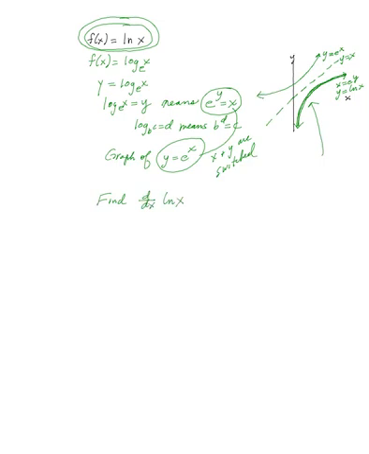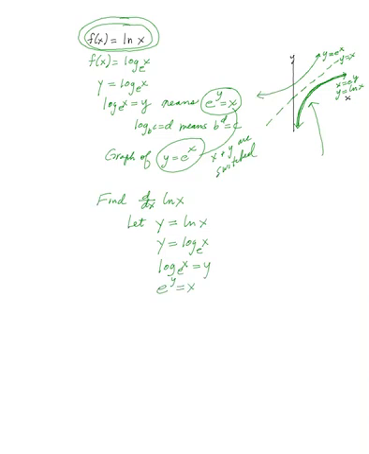We're going to use implicit differentiation. So we're going to first let y equal natural log x, in other words, y equals log x base e. I can write that as log x base e equals y. This means e to the y equals x.